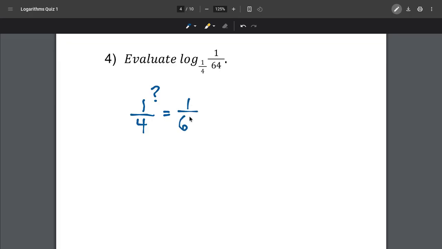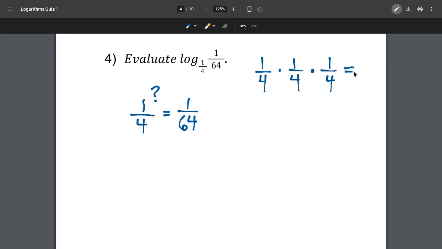Another way to phrase that is how many 1/4 do I have to multiply by themselves to get 1/64? So I'm going to do 1/4 times 1/4. That's going to give me, 1 times 1, the top stays 1, 4 times 4, bottom 16. So 1/16. Okay, let's multiply by another 1/4. Top is still 1, 4 times 4 is 16, times 4 again is 64.